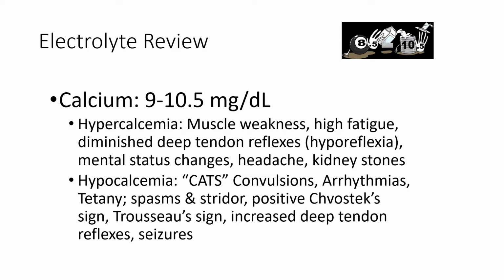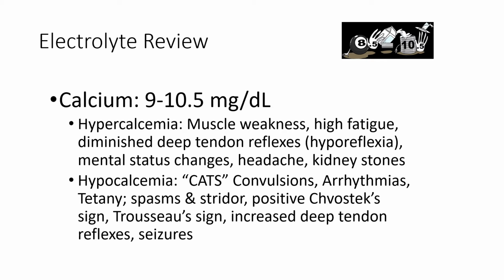Hypocalcemia, just find what system it is. This is really looking like the nervous system is getting upset, right? Convulsions, that's seizures, and arrhythmias. You need calcium for proper conduction in the heart, so you can run into arrhythmias with it. Tetany, that's severe muscle spasms.